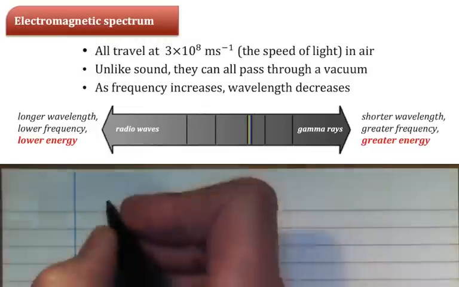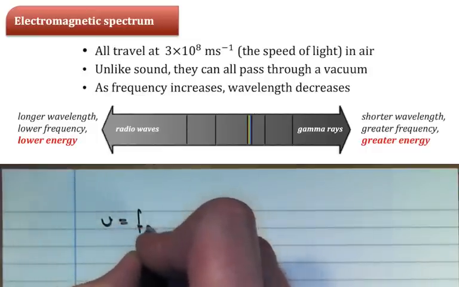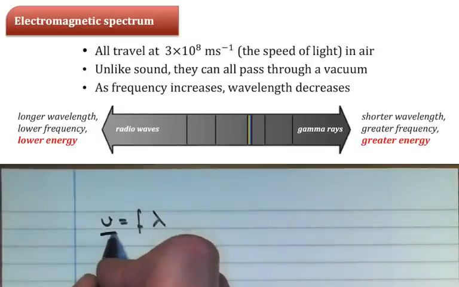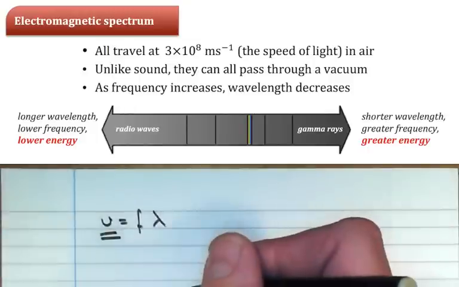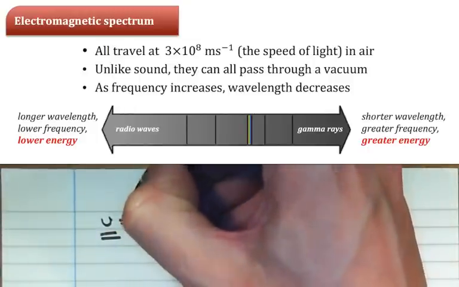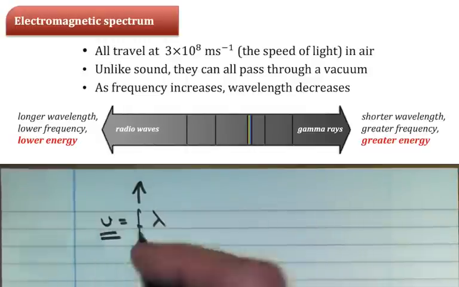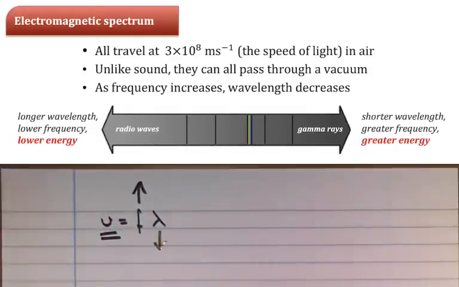So remember, the equation we're talking about, of course, is v = fλ, and this velocity is going to be constant. So as that frequency increases, in order to keep this velocity constant, the wavelength would then have to decrease.